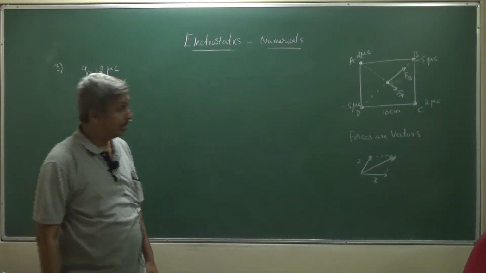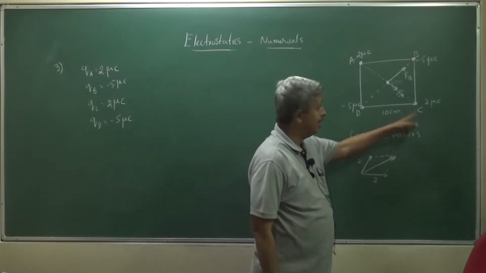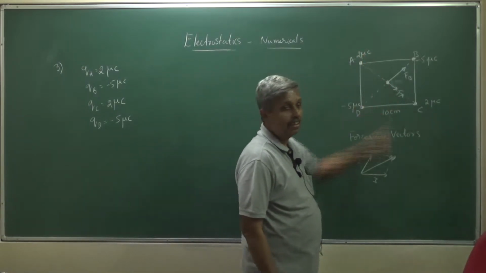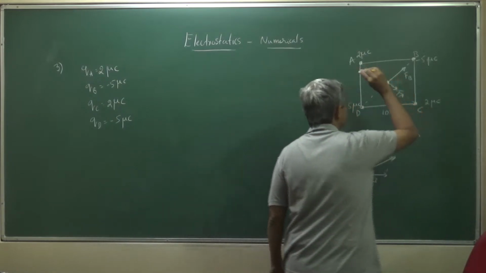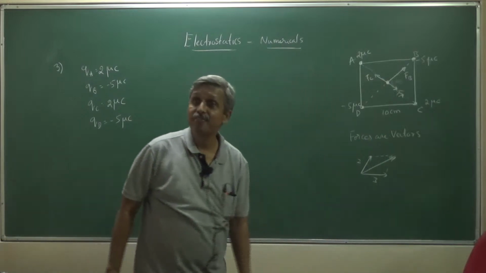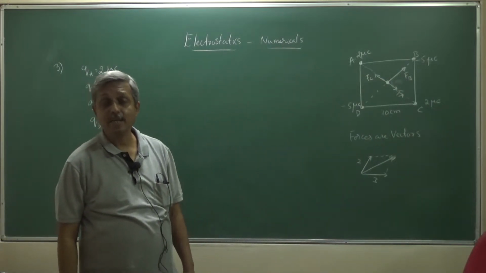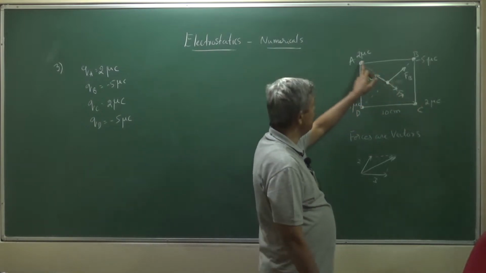Now let's look at basically the third one. This 2 microcoulombs, this is positive, and hence it basically repels in this direction. But its length will be same as FA. Why is it same as FA? Because this is also due to 2 microcoulombs. This is also due to 2 microcoulombs.